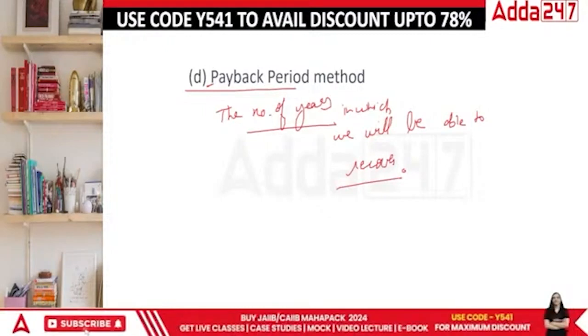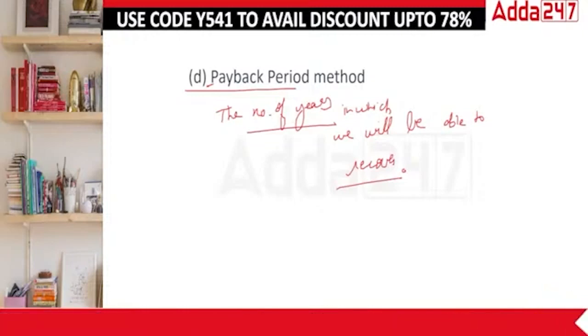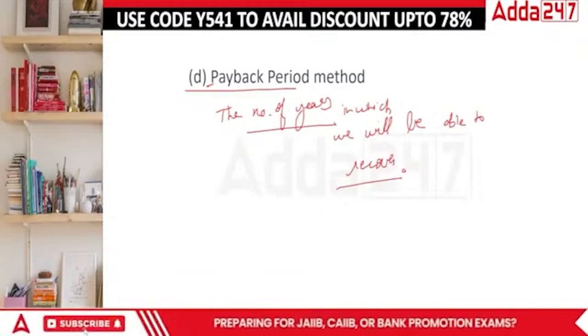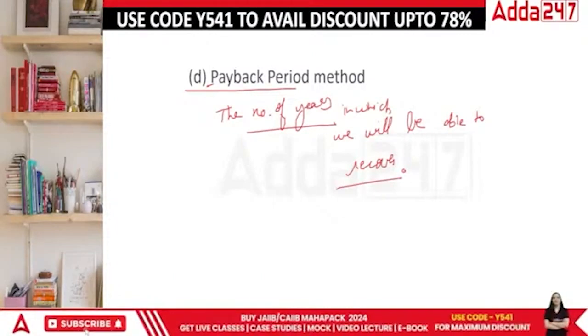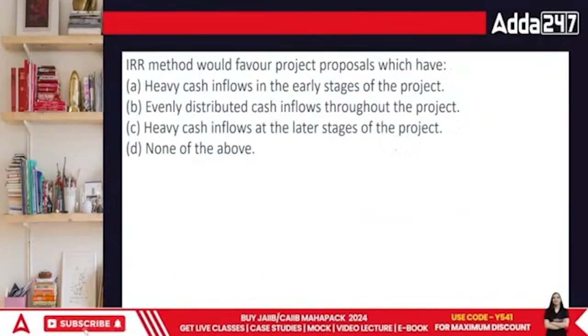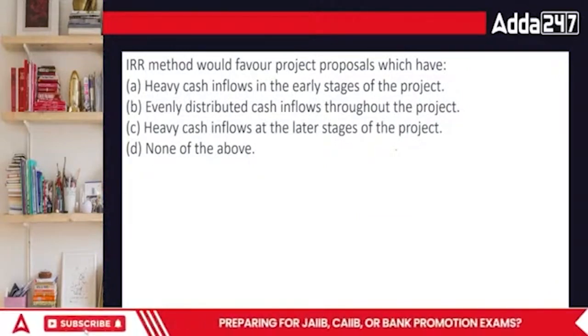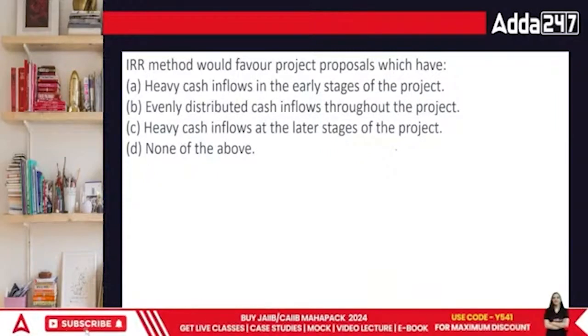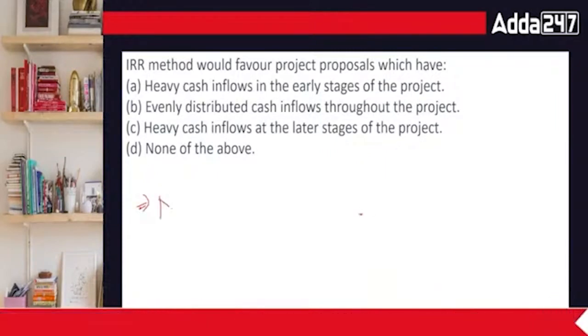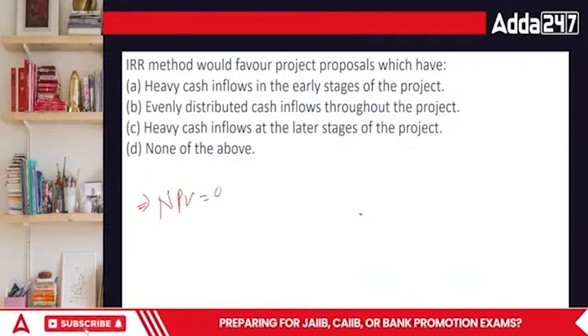Let's look at the next question, everyone. IRR method would favor project proposals which have what? Internal rate of return. This is the rate at which your net present value is actually zero.